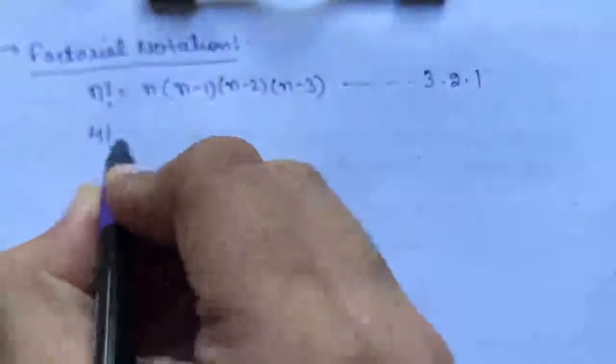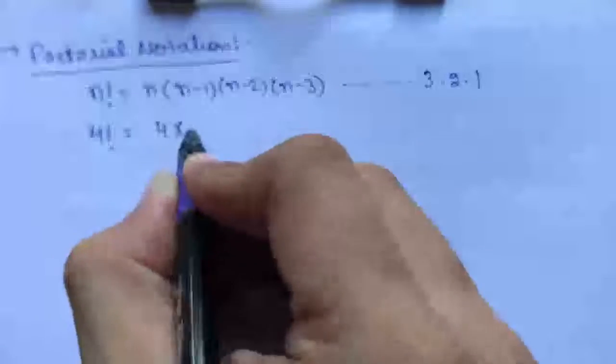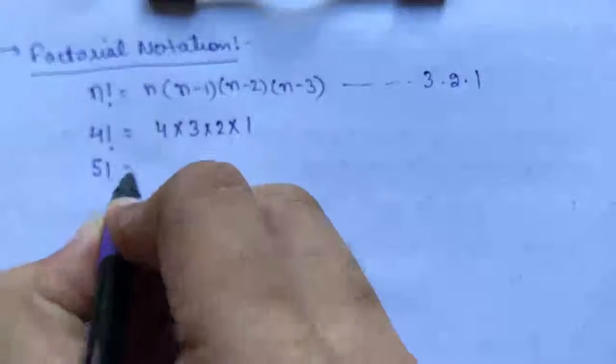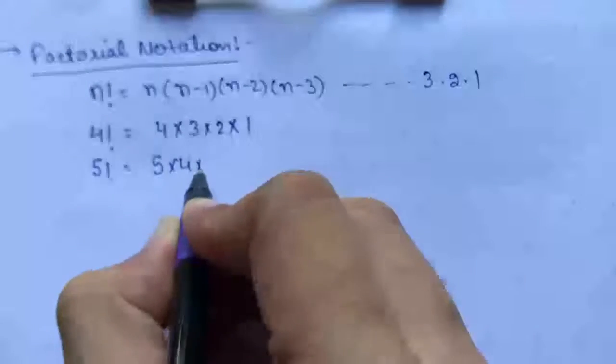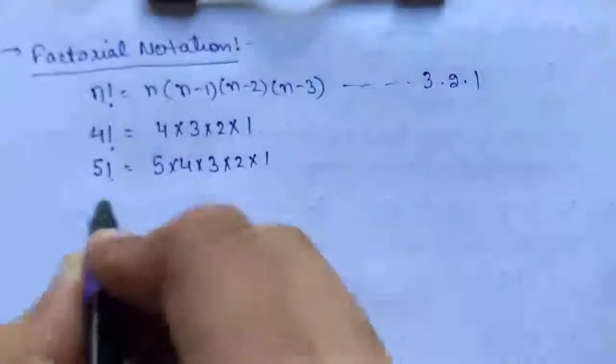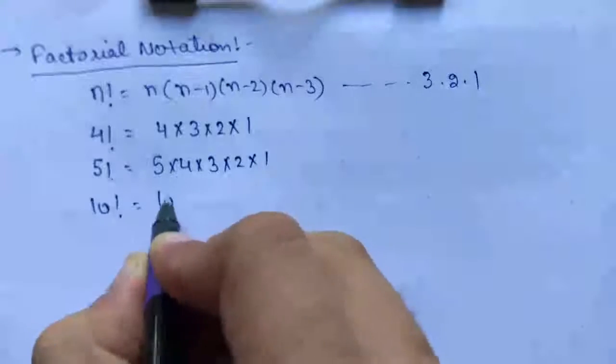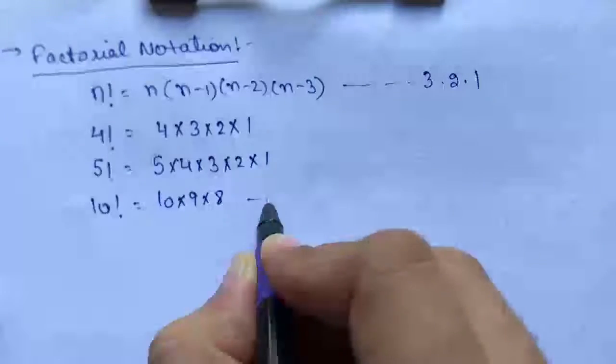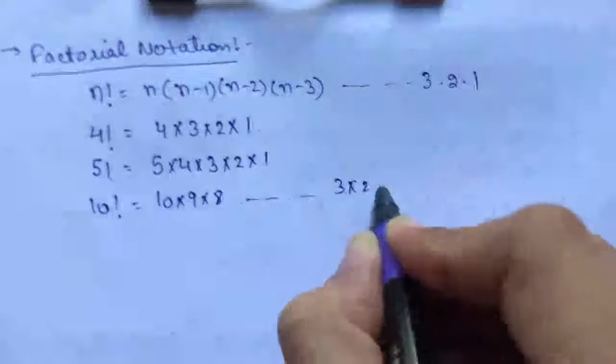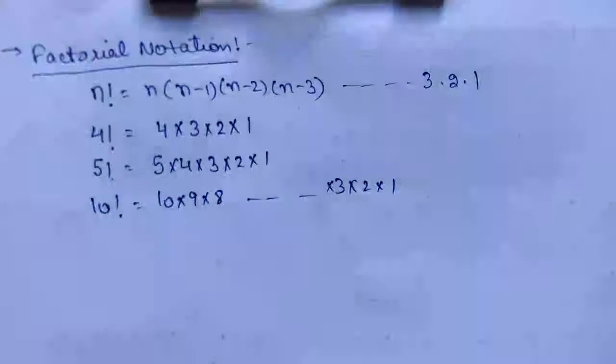Let us suppose we have 4 factorial. 4 factorial means 4 into 3 into 2 into 1. 5 factorial means 5 into 4 into 3 into 2 into 1. 10 factorial means 10 into 9 into 8, similarly into 3 into 2 into 1. So this is the meaning of factorial notation.